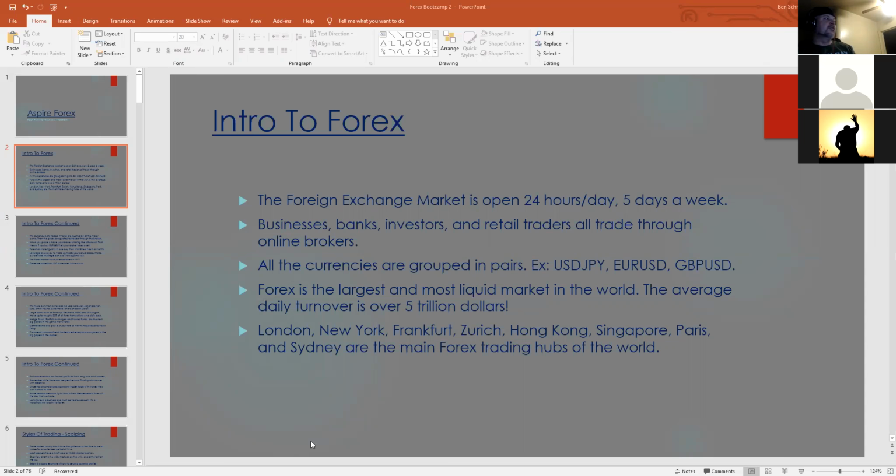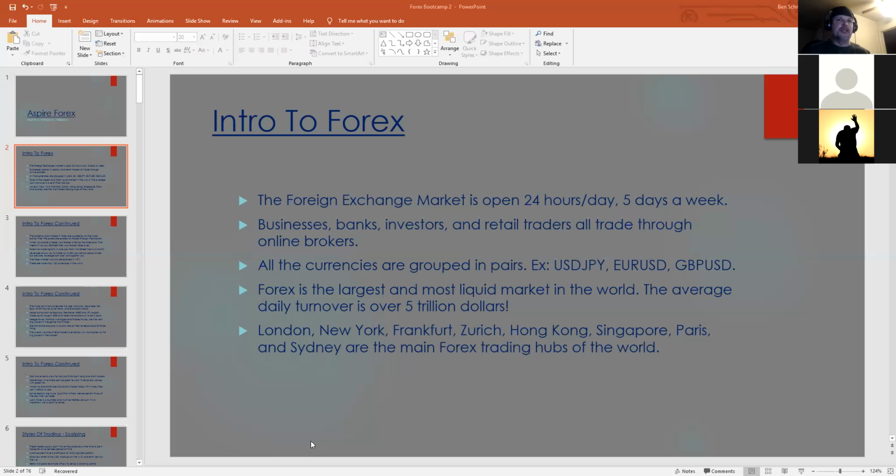Forex is the largest and most liquid market in the world. The average daily turnover is over $5 trillion, okay? That's an insane amount of money. When I'm trying to explain Forex to someone, the first thing someone always says is, isn't it like stocks? Isn't it like the stock market? You guys probably heard that, right? I'm like, well, kind of.